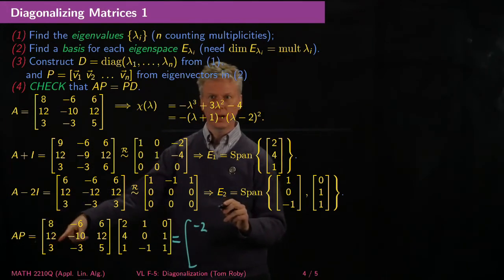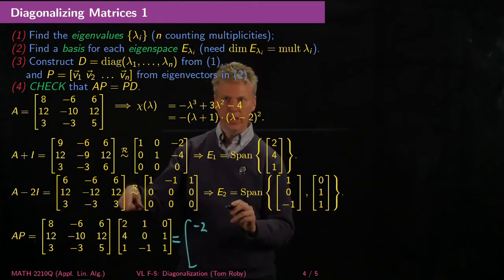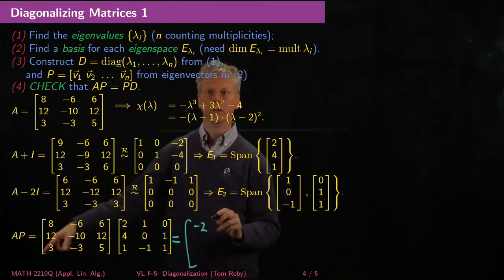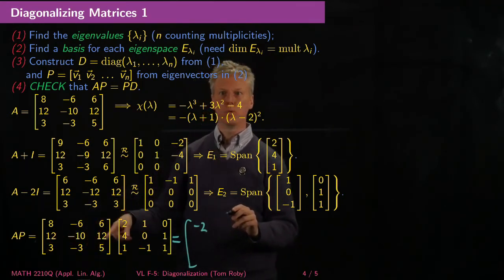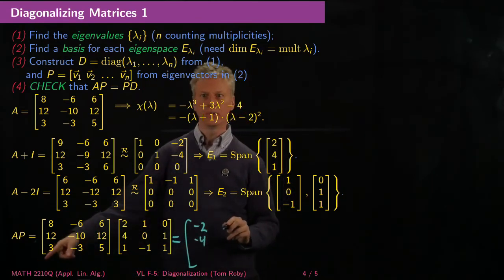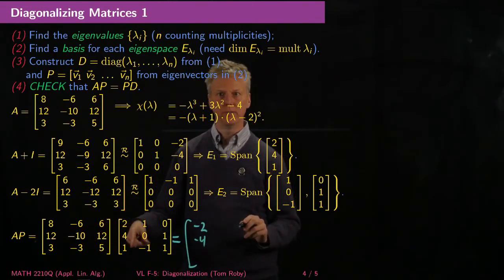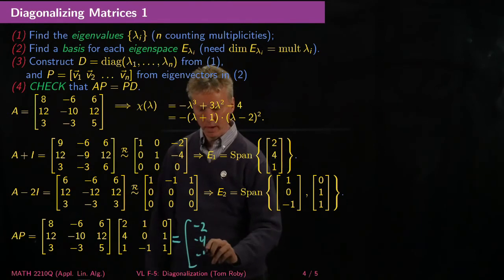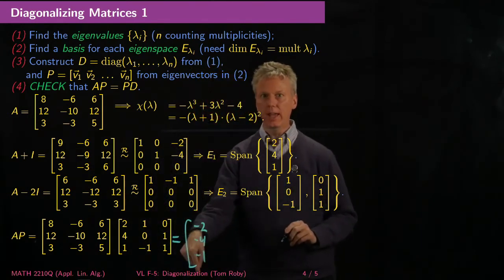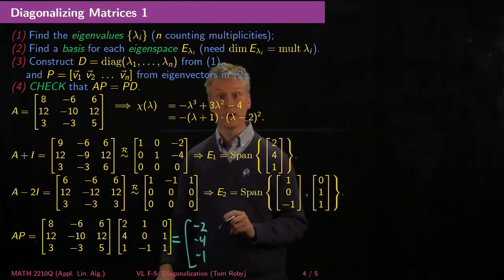And then when I do 12, negative 2, negative 10, 12, and dot it with 2, 4, 1, I'll get 24 minus 40 plus 12 is negative 4. And then when I do 3, negative 3, 5, I'll get 6 minus 12, negative 6 plus 5 is negative 1. So that's good, right? I got the negative of this column, and this is the eigenvector corresponding to negative 1.